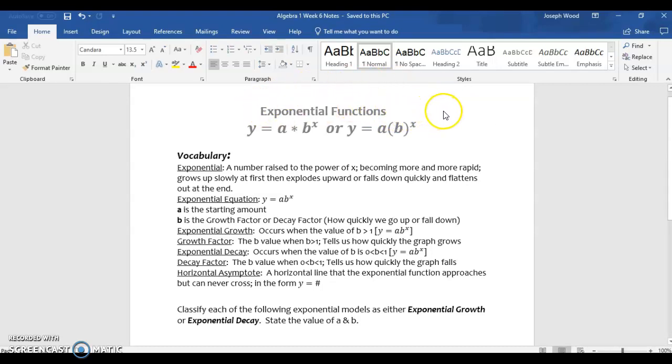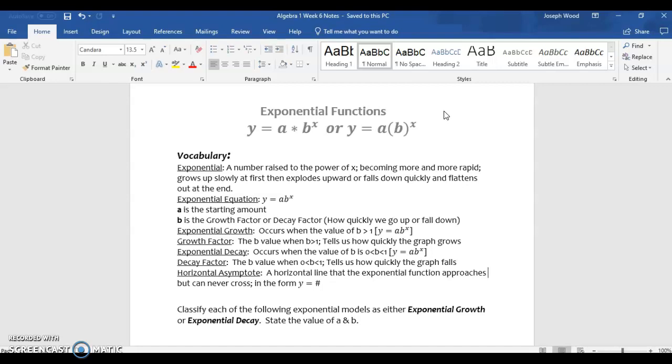You're actually probably much more familiar with exponential functions right now than you realized, and probably much more familiar than most of my students in the past, simply because of the time that we're living in right now. Exponential functions are being used every day to study the spread of the coronavirus, COVID-19.